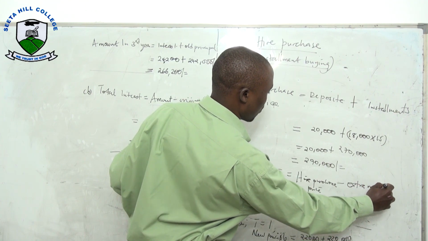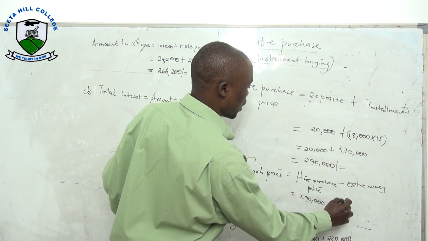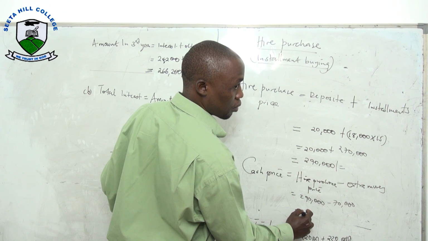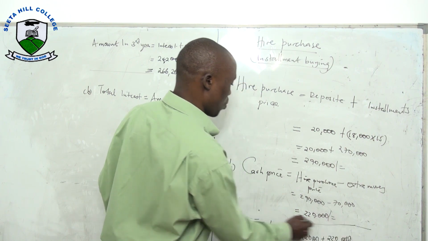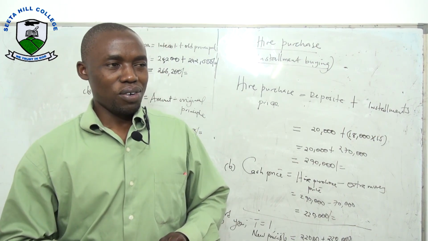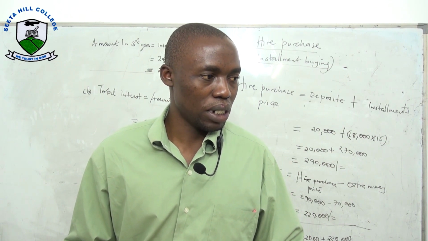That's very good. That's 290 minus the 70, giving us 220. Thank you very much. That mental math. Okay, I hope hire purchase price means buying in installments.